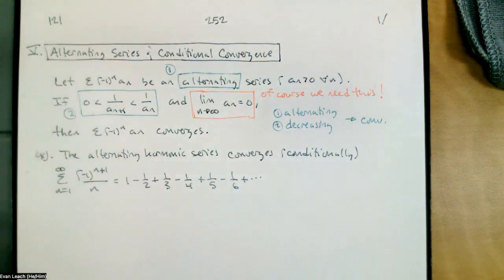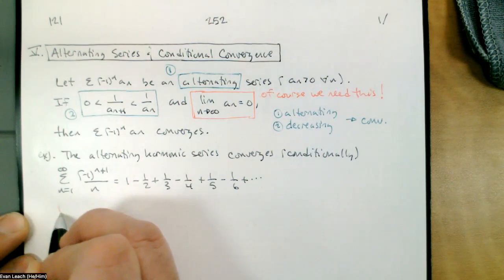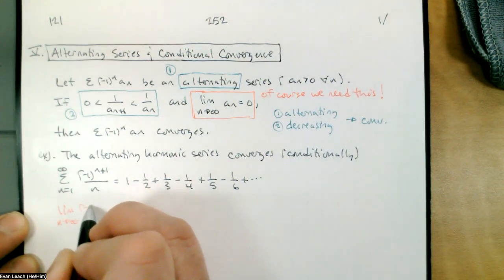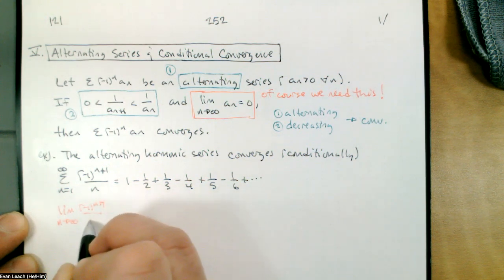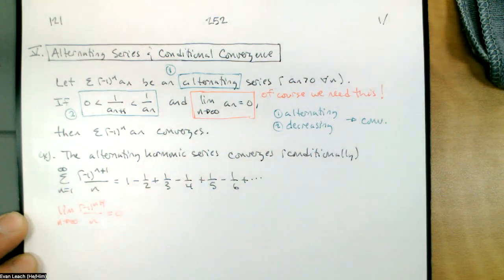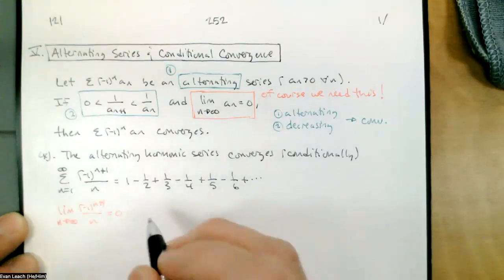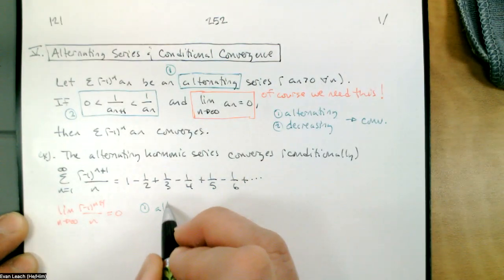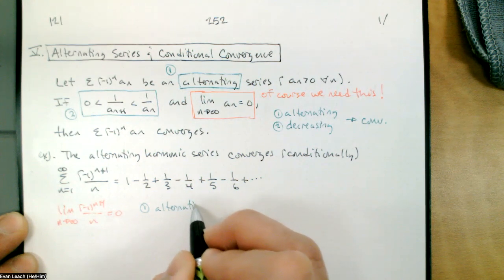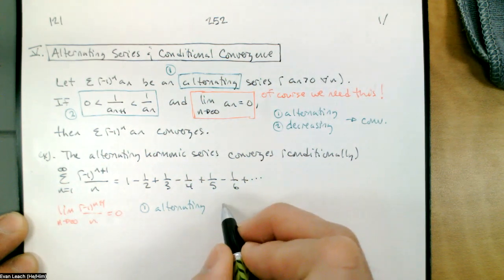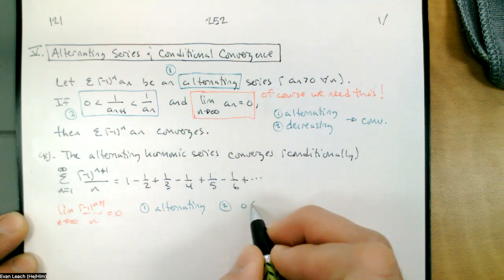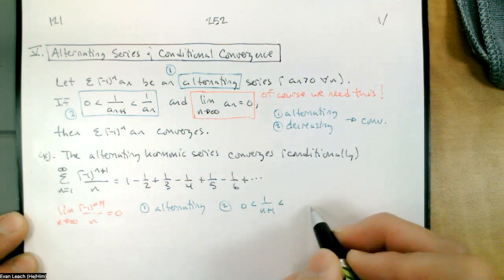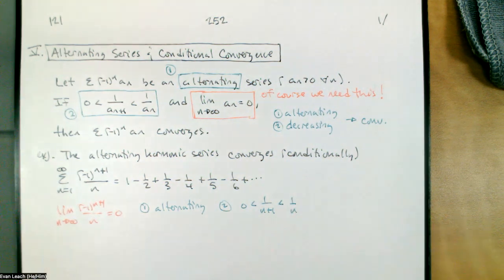So the first thing that we always check: the limit as n goes to infinity of (-1)^(n+1) over n is equal to 0. That's necessary. Then one, the terms alternate, and two, the terms decrease. 1 over n+1 is less than 1 over n.